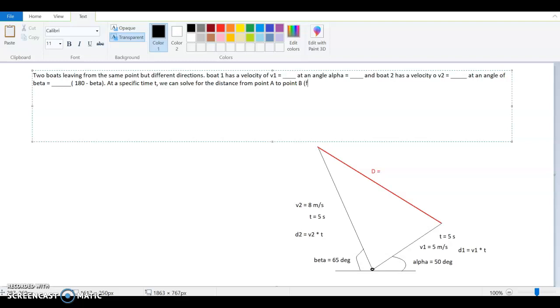The final position of the two boats. There you have it. And then just let the user give the variables: v1, v2, alpha, and beta. Then just give the answer.